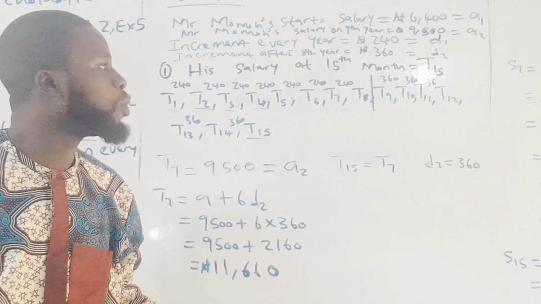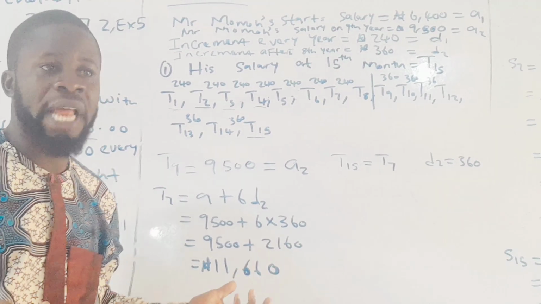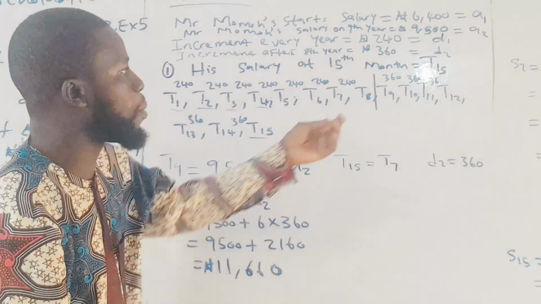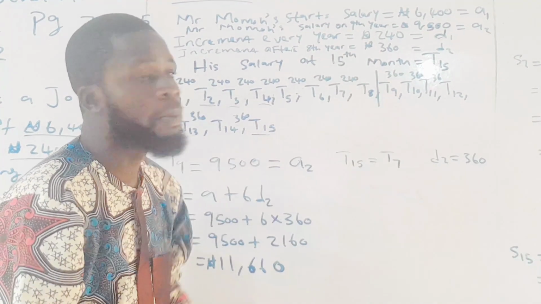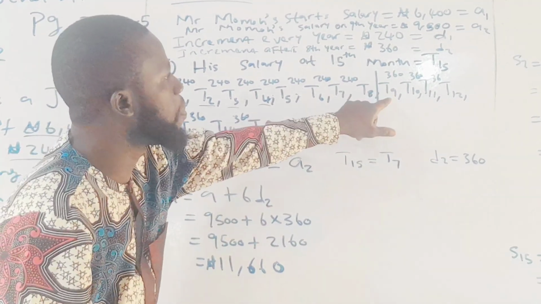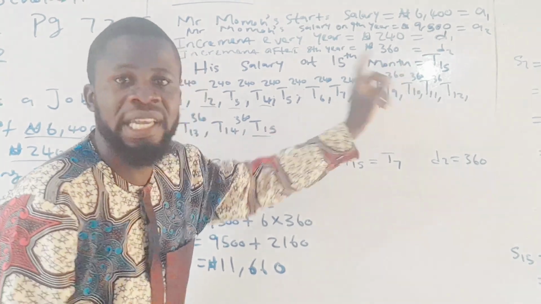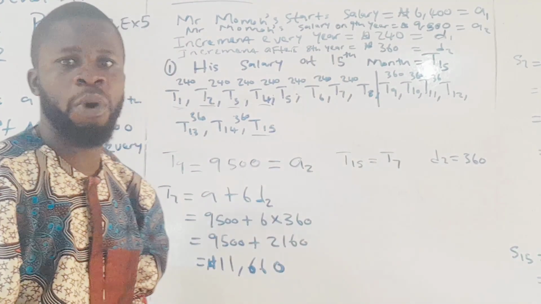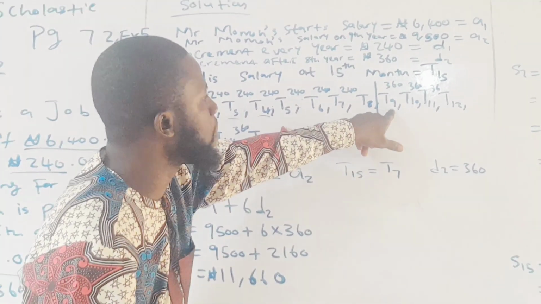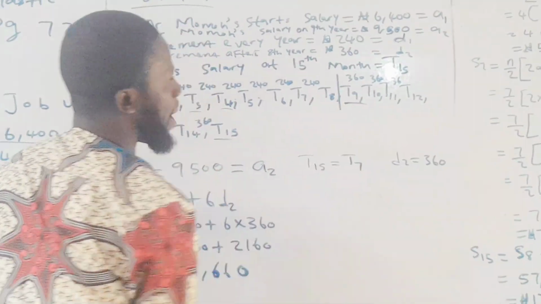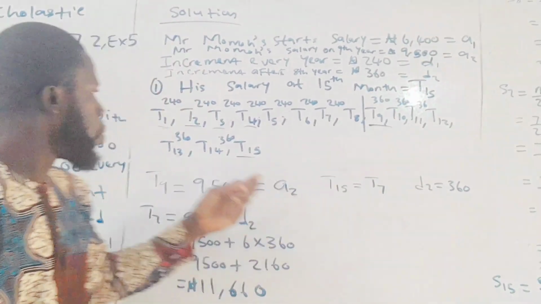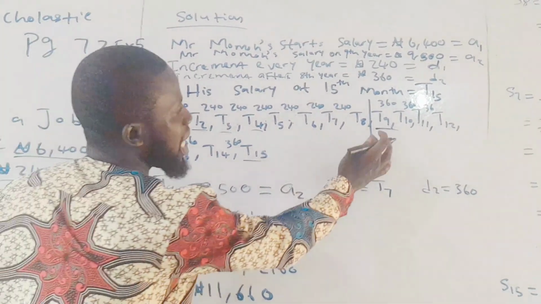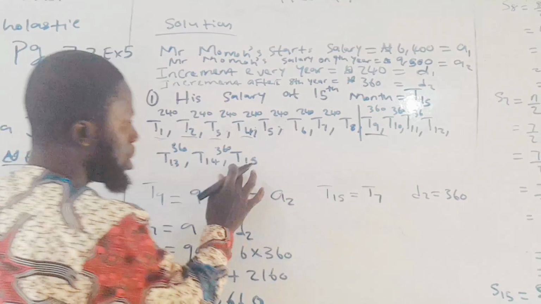Normally, we get promotion in our work when you have spent a very long time with them. So as a senior servant there, they increase your salary and take it to another scheme of payment. So he's now having 360 as his annual increment. That means from here, this has become a first term now. That's why T9 is now a first term. Let's see how many years he was able to work till the 15th year.